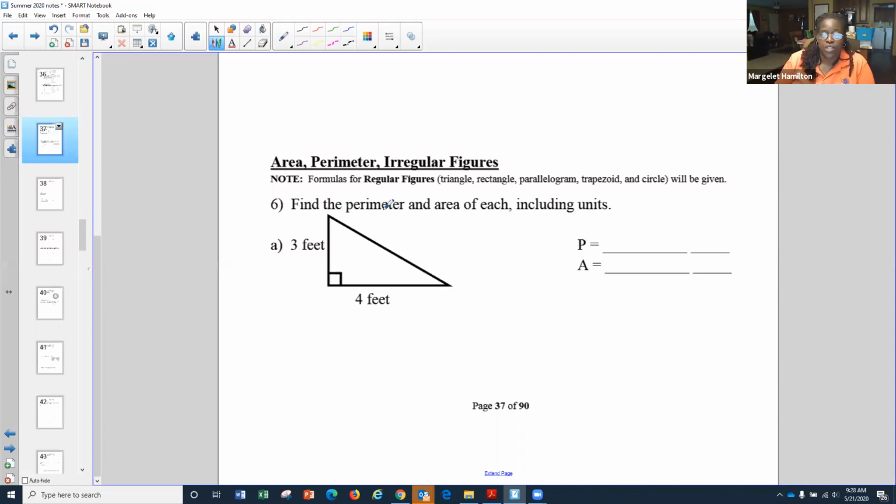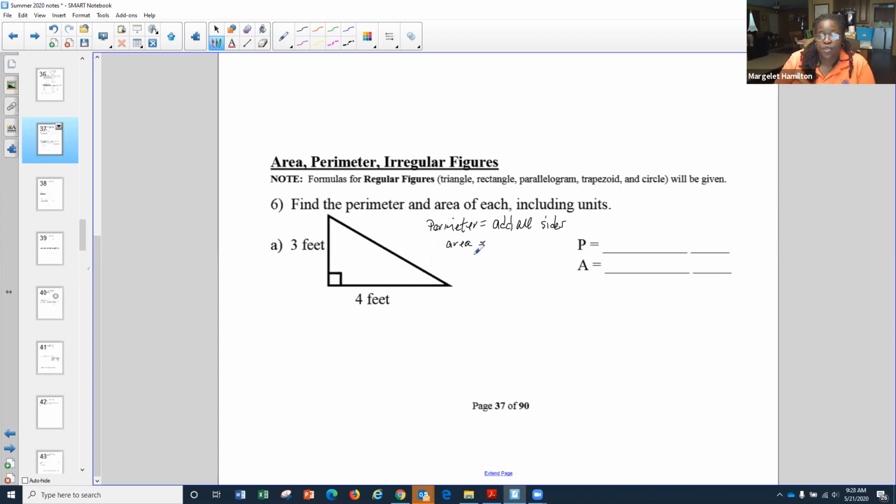So they want us to find a perimeter. Perimeter means to add all the sides up. Then they want us to find the area.